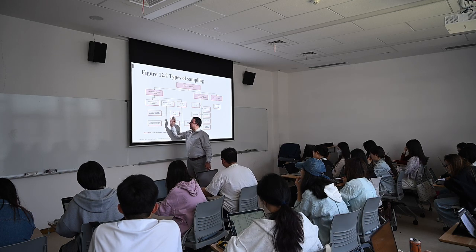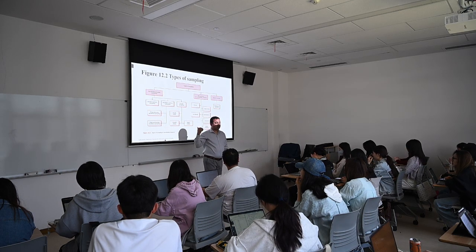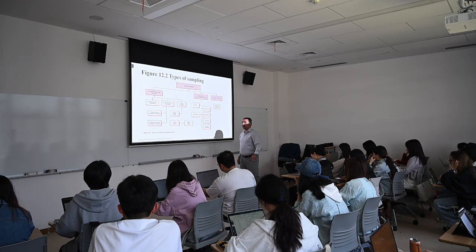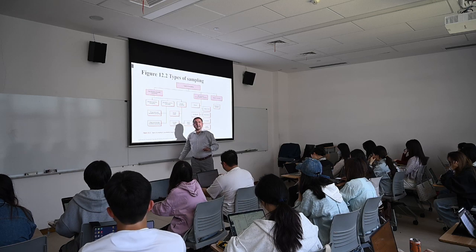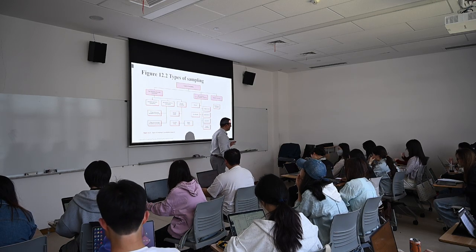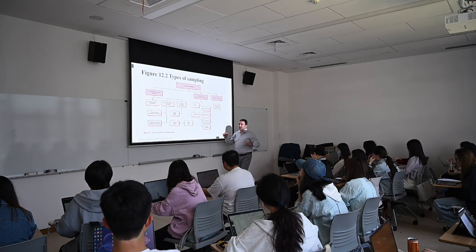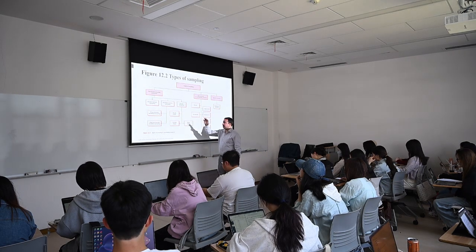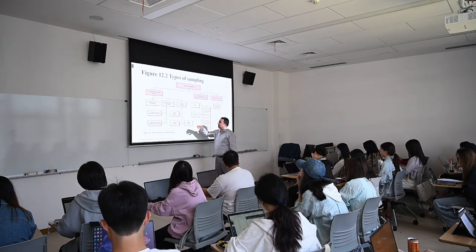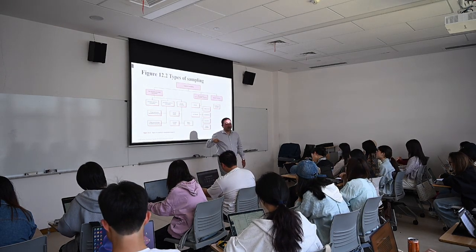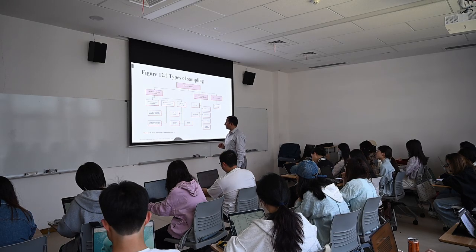Simple random sampling is called SRS. Let me just explain it a little bit, then we go to the next slide. Simple random sampling, SRS, is widely used in quantitative research.